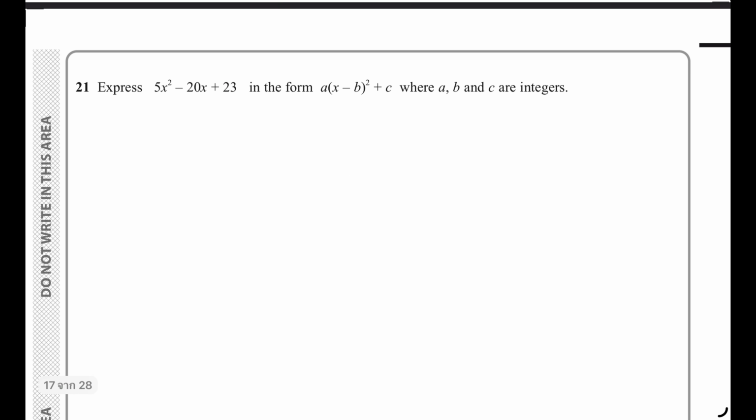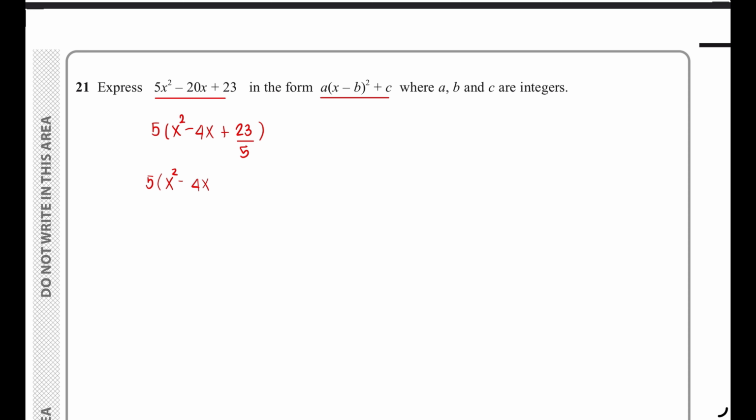Question 21. Write 5x squared minus 20x plus 23 in the form of a times x minus b squared plus c, where a, b, and c are integers. First of all, I will take 5 outside. So the remaining will be x squared minus 4x plus 23 over 5. Then I will have x squared minus 4x.